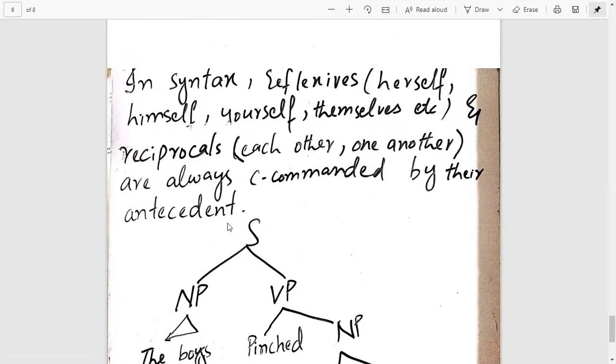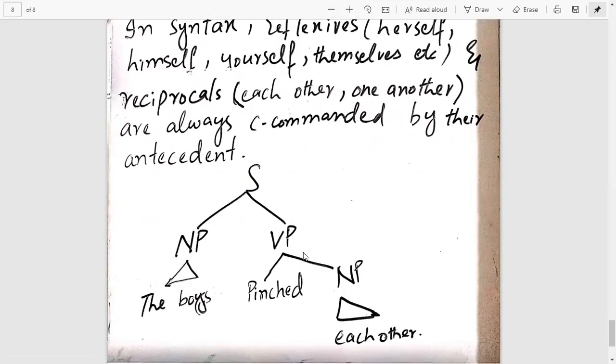The antecedent precedes the reflexives and reciprocals in a sentence, and they also have some sort of relation with them. These reciprocals and reflexives will always be c-commanded by their antecedent.